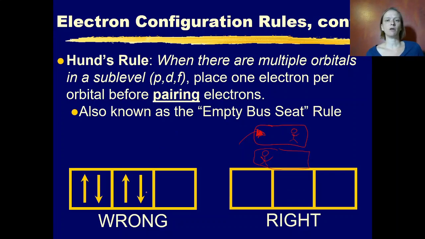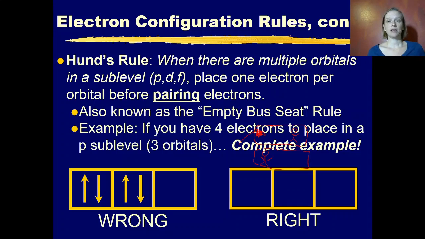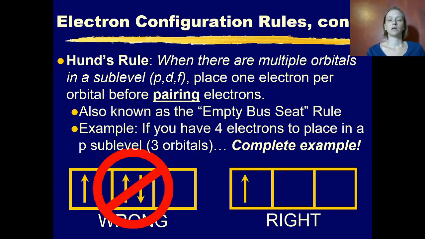So in this example with p sublevels, where we have 3 orbitals in a p sublevel, if we have to put 4 electrons into that p sublevel, this would be the wrong way to do it. We don't pair up the electrons until there's no other choice. The right way to place those electrons is electron number 1, electron number 2, electron number 3, and now start doubling up the electrons because there's no other choice.